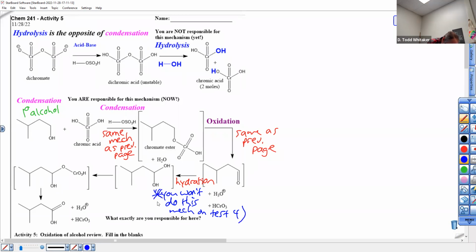I'm gonna make that a big asterisk with an exclamation. So star, that's a star, and a star. Is it clear? I might make you do up to here, same mech as previous page, and stop there. But I won't be testing you about an aldehyde becoming this thing called a hydrate.